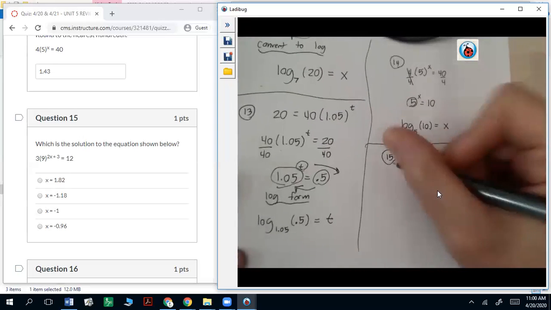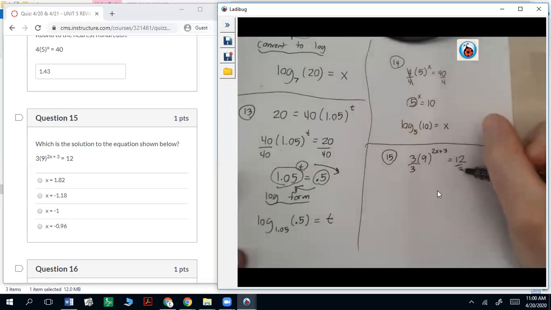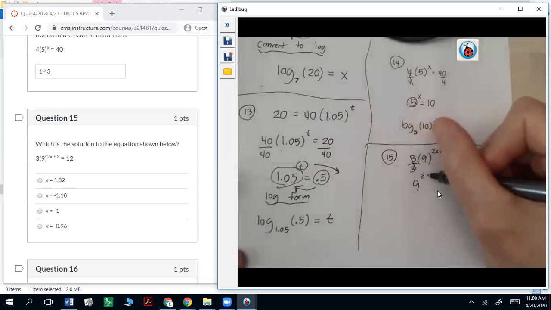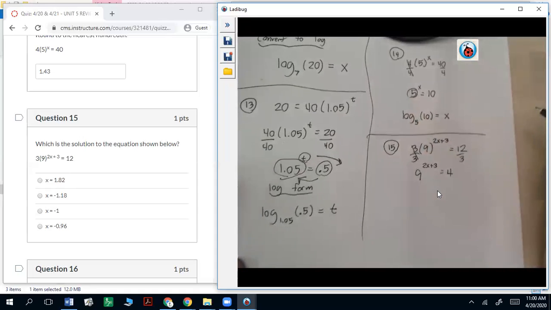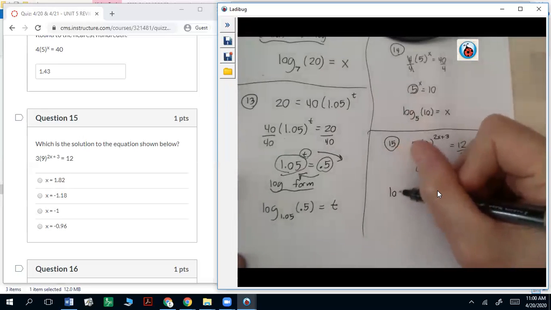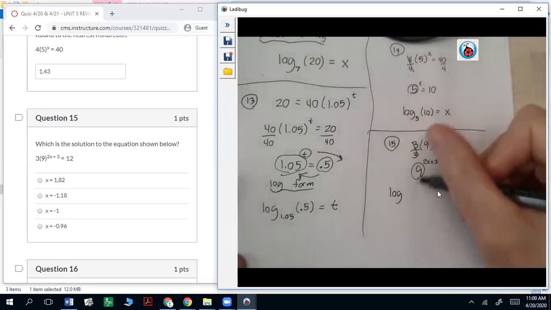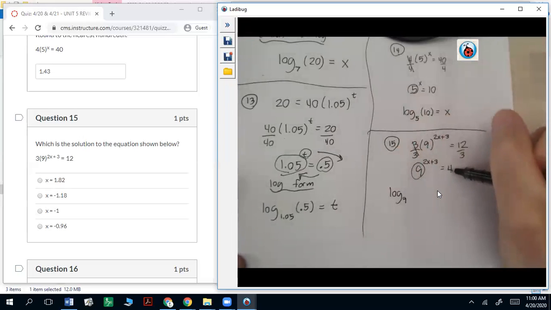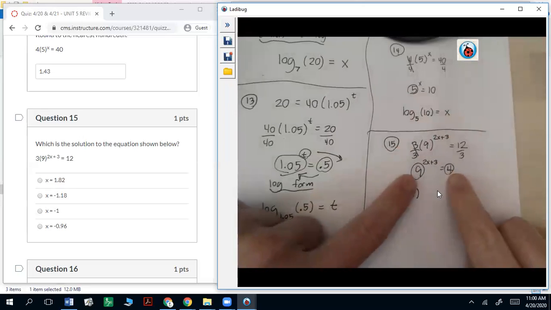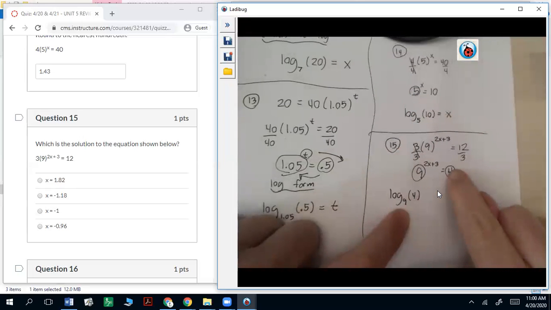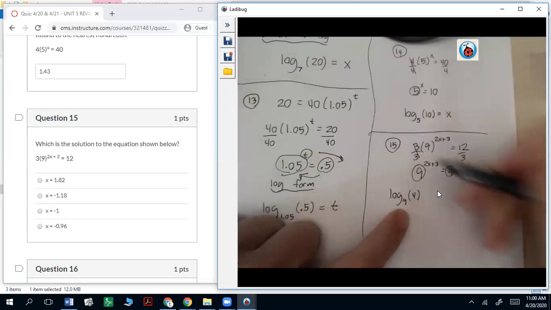Okay, so I want to first divide by the number out front. That's going to give you 12 divided by 3, which is 4. And I want to write it as a log. The base of your log is going to be 9. The number in the log is going to be 4. It's always going to be like that. So this will be your base. This number after the equals will be what's in the log.